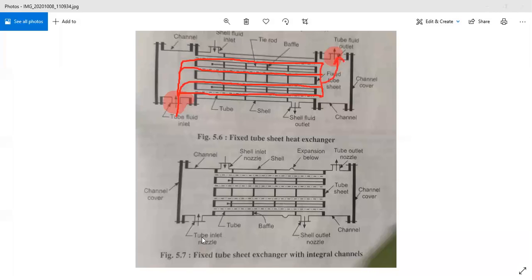In a similar way, there is a nozzle arrangement for the shell side fluid, here for the inlet and outlet, and this shell side fluid is passing in this direction.